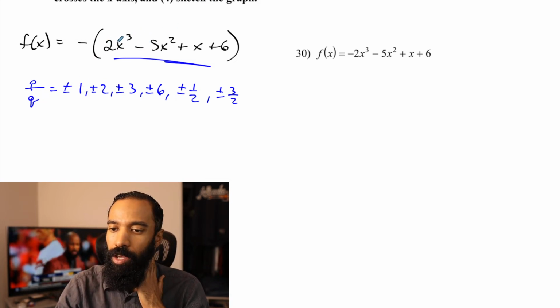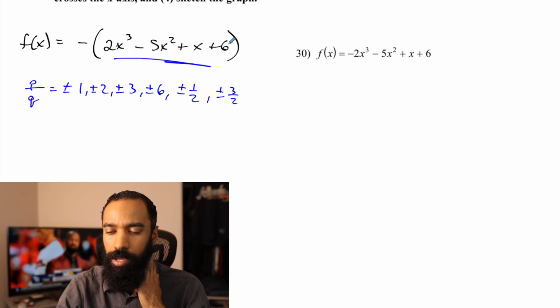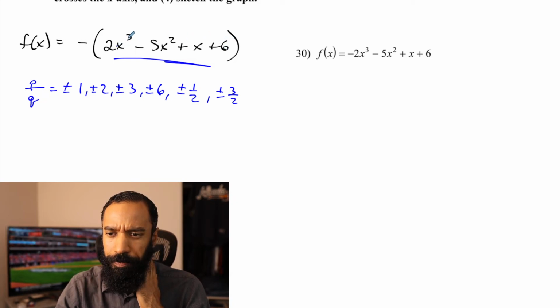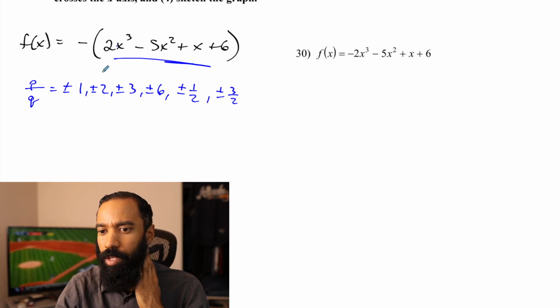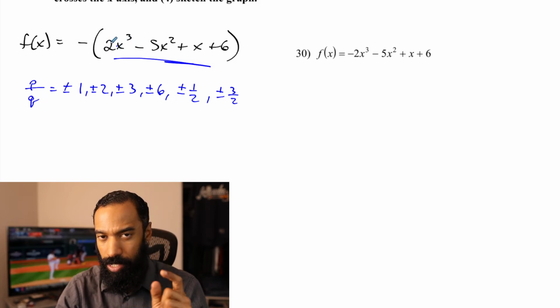Let's see. Plug in 1. 2 minus 5 is negative 3. Plus 1 is negative 2. Plus 6 is not 0. Negative 1: negative 2 minus 5 is negative 7, minus 1 is negative 8, plus 6. No, that doesn't work. 2. All right, now we got to do this. 2 cubed is 8 times 2 is 16.